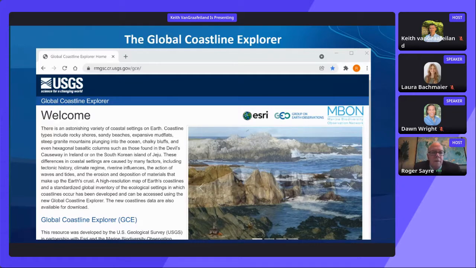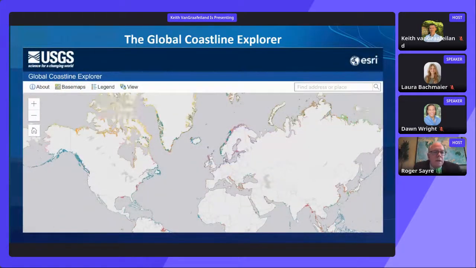Okay, Keith. So you click the link and you enter the web map, and all the usual functionality, the pan, the zoom, the query, displaying the data on a different base map, displaying the data on top of satellite imagery, which is always very nice to see how our shoreline lines up against the shoreline that you can see in the imagery.